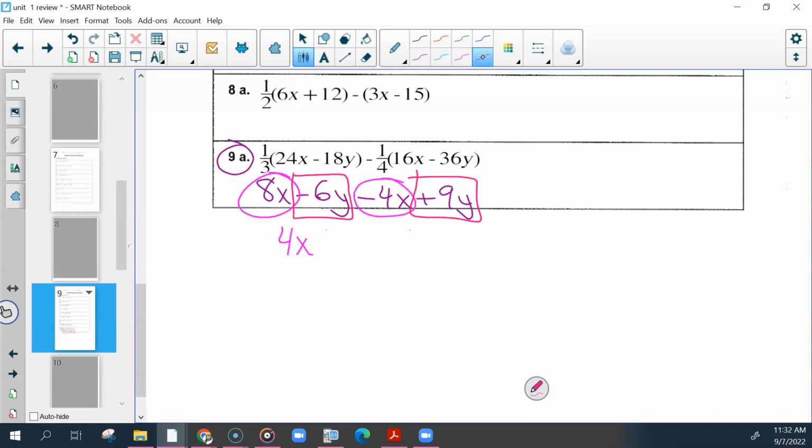Negative 6y plus 9y would give us a positive 3y. You can't combine those any further, so that would be our final answer. A lot of the time you start off with fractions, you end up not having fractions. Not all the time, but a lot of the time. Any others we have questions about or want to go over on this page?